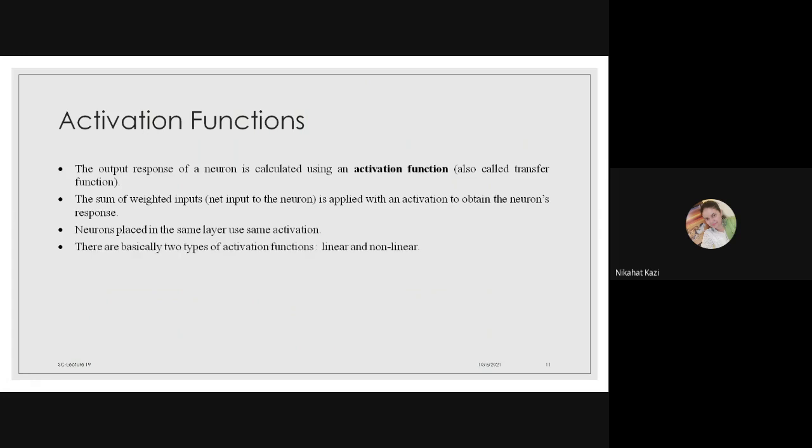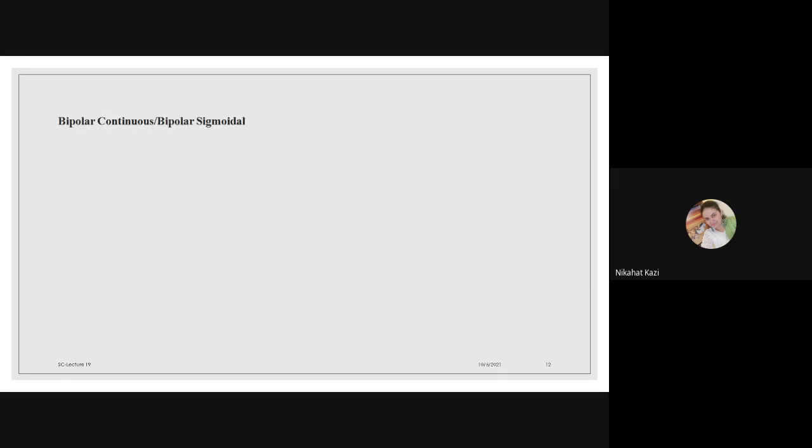There are two types of activation functions, linear and non-linear. Non-linear activation functions are the ones used in a multi-layer network. So that is what I was just telling you. Bipolar continuous, or bipolar sigmoidal function. Range is between +1 and -1.